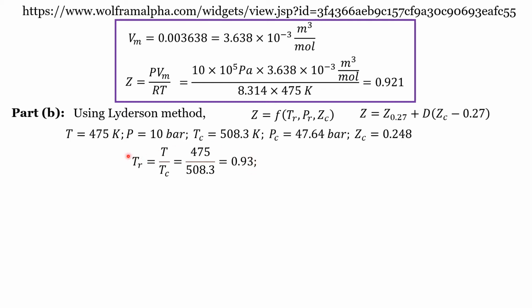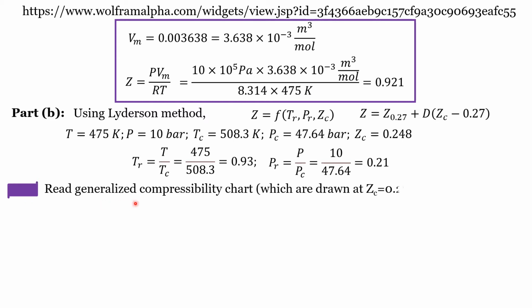In the same way we can estimate Pr because P is given and Pc is also given. Pr comes out as 0.21. Now based on the Tr and Pr values we can read the chart and find the values of these two unknown parameters.